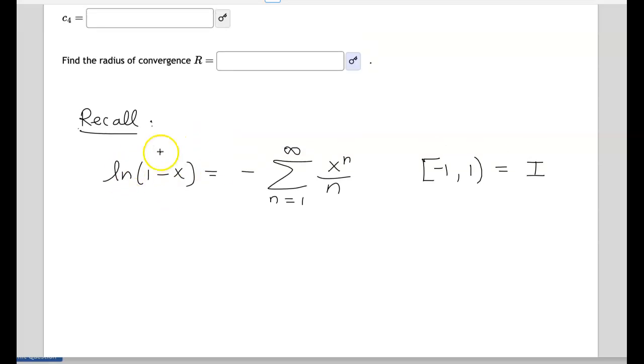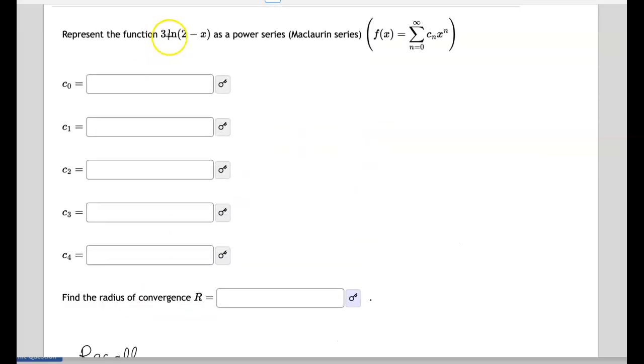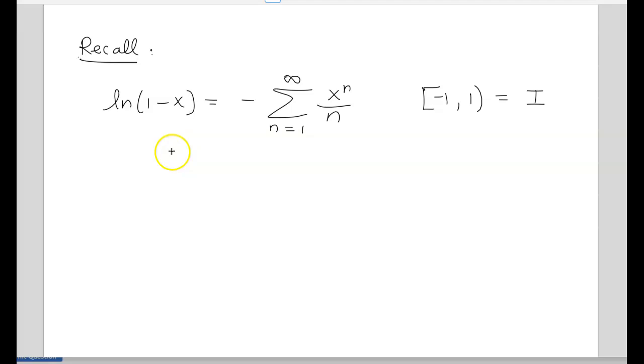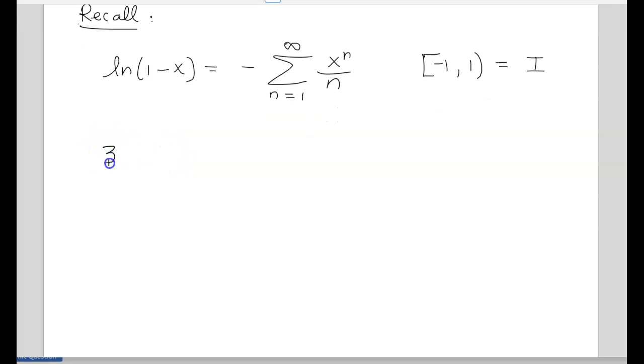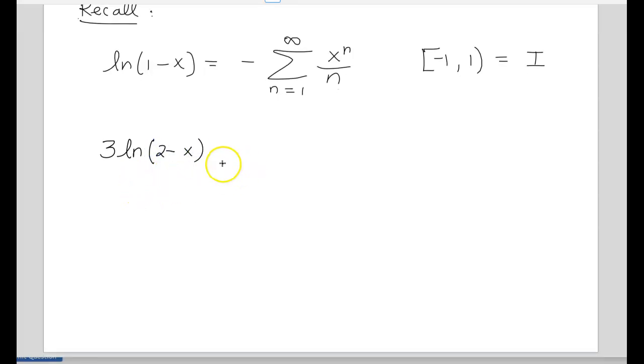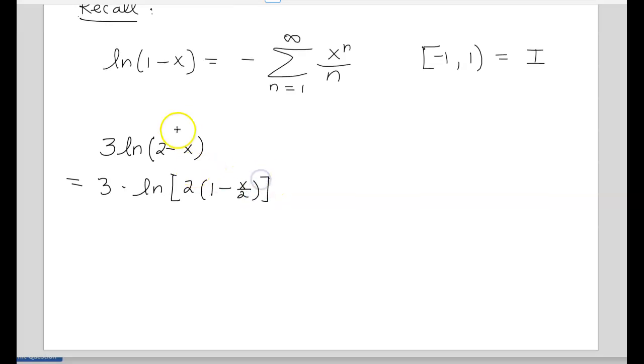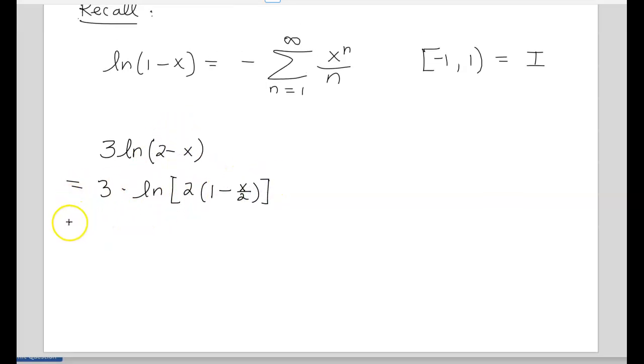So this series is related to the given series, 3 ln of 2 minus x. What we're going to do is a little rewriting. 3 times ln of 2 minus x is really equal to 3 times ln of 2 times the quantity 1 minus x over 2. I just factored out a 2 there. Then I can use the property of logs to rewrite this logarithm as a product.